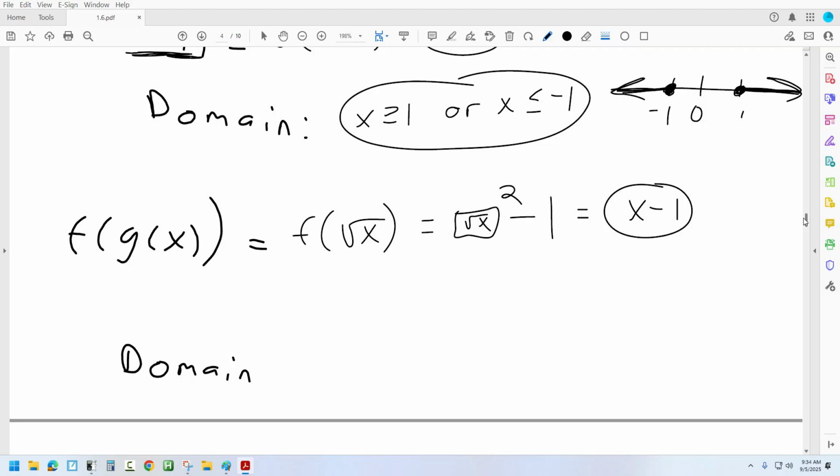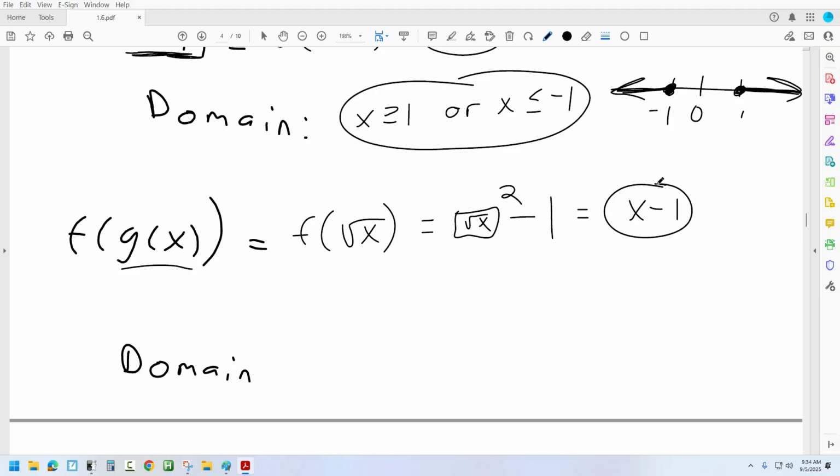What's the domain of g of x? X is greater than or equal to 0. Right. So we're already starting with numbers that have to be greater than or equal to 0. So keep that in mind.